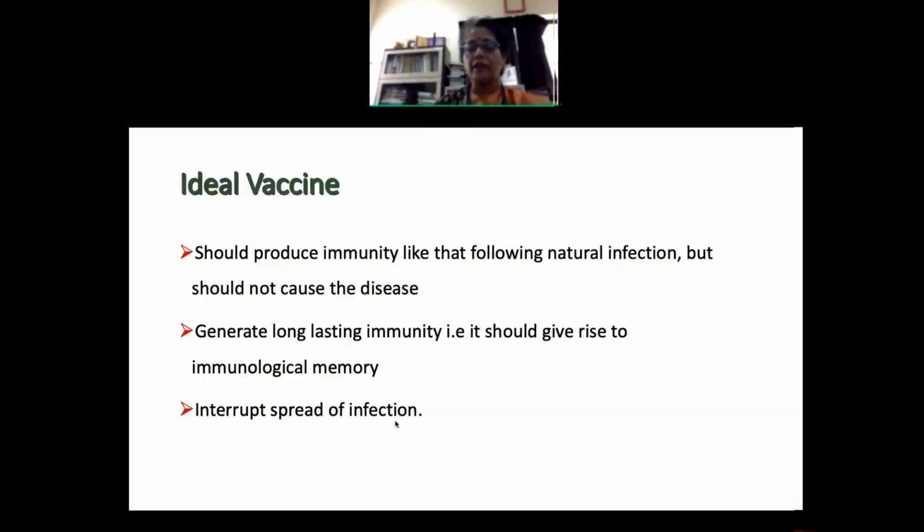How do vaccines work? I already told you how the innate and adaptive immunity works, and the definition of vaccine tells you that the vaccine induces an active adaptive immune response.